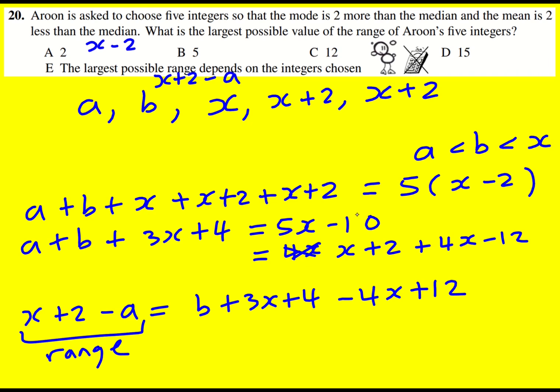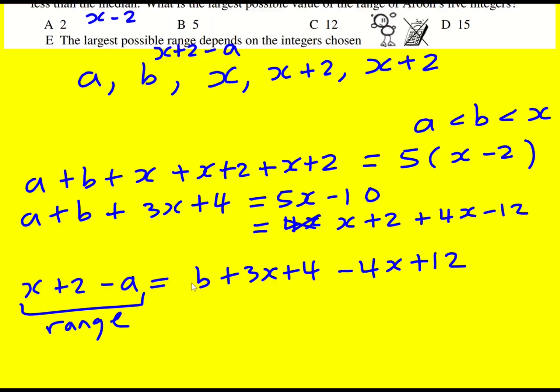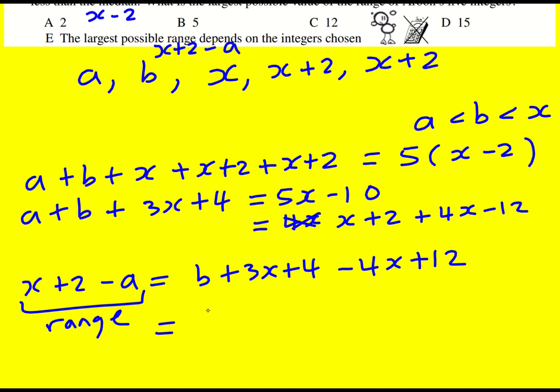I've got this equation from the mean, I've multiplied the bracket out, and I've rewritten 5x minus 10 as x plus 2, because that's my last term, plus some other stuff, 4x minus 12. I've then minus 4x, and I've added 12, and I've just swapped it all around so it's on this side. So that is going to equal 16 minus x plus b.